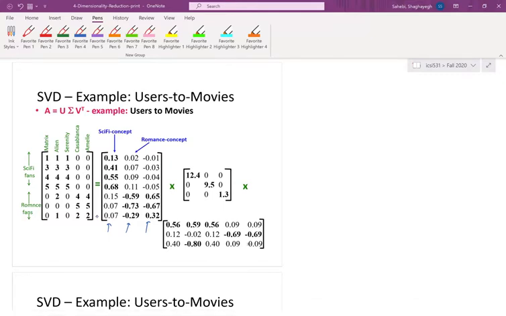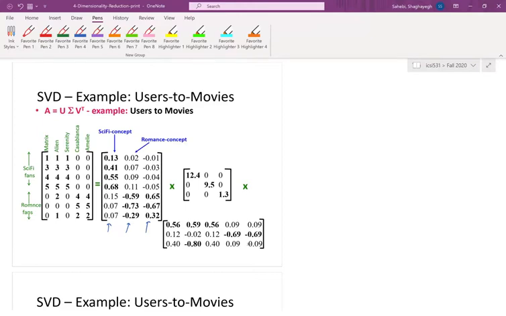For example, the first column, or the first lower dimensional singular vector, can be representative of a sci-fi concept.